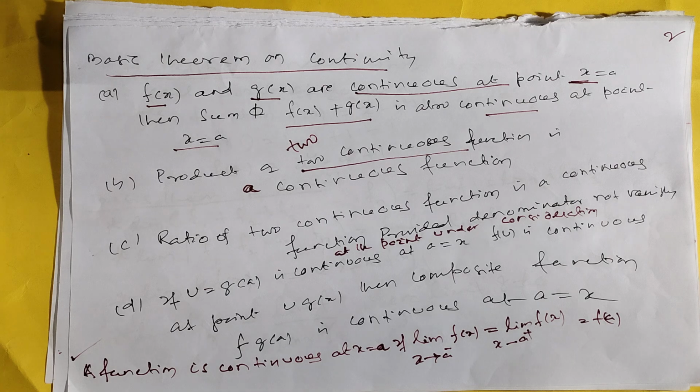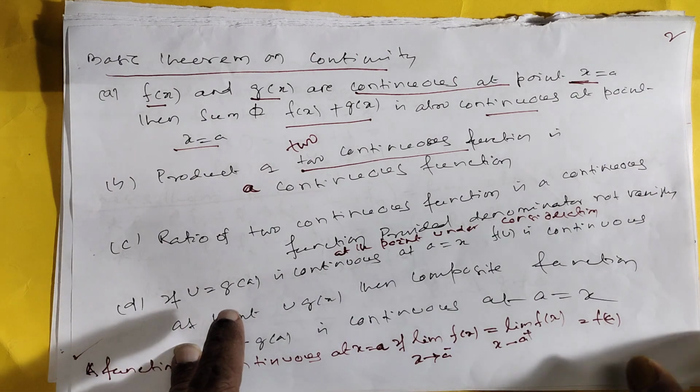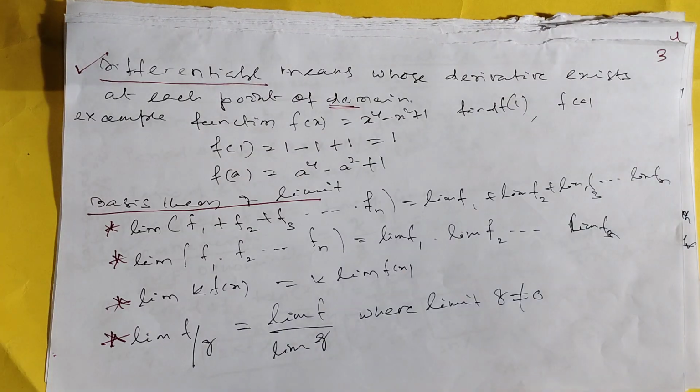Basic theorem of continuity: a function is continuous at x is equal to a if limit f of x as x tends to a minus is equal to limit f of x as x tends to a plus is equal to f of a. Differentiable means the derivative exists at each point of the domain, and some basics of limits are there.